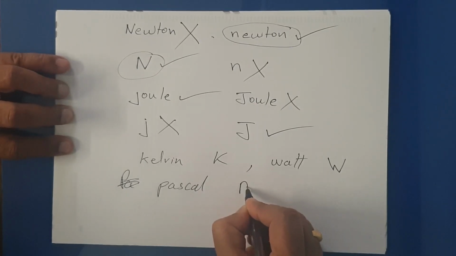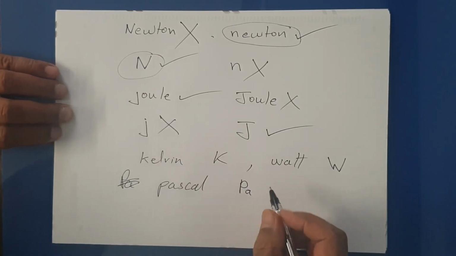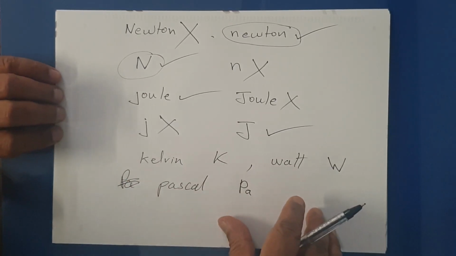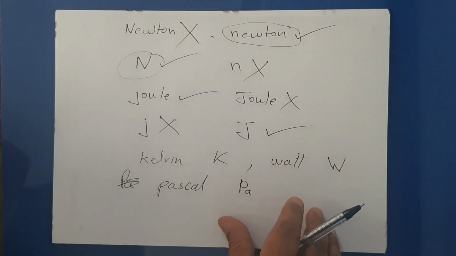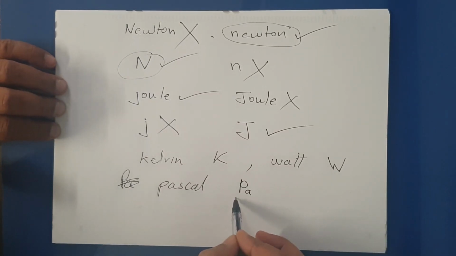It is represented by capital P and one more small letter, a. First letter in capital and one more letter. So the rule to be followed here is, if the unit is named after a scientist, the first letter of the symbol is to be written in capital, and in some cases the first letter in capital and one more letter in small, that is Pa for pascal.